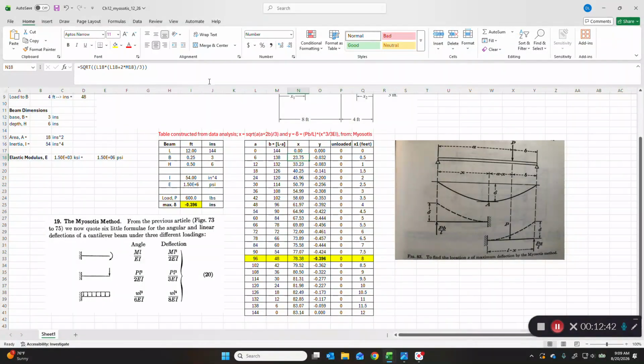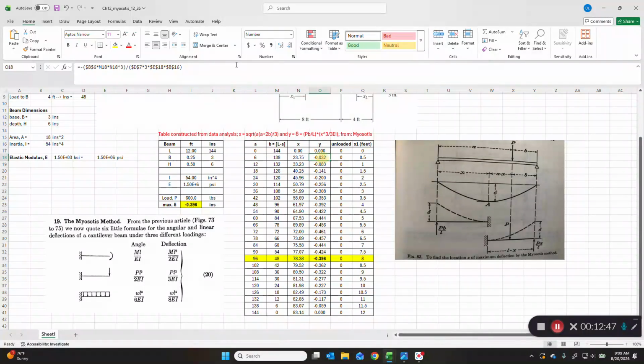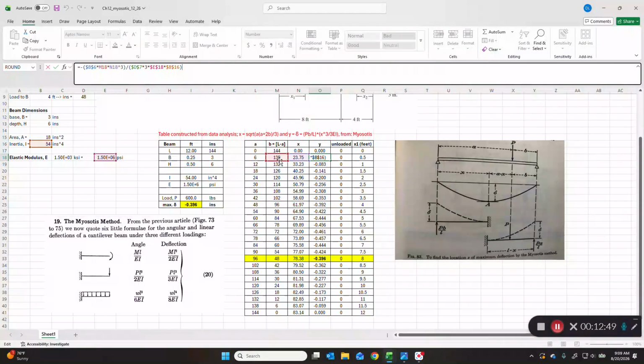It's minus P times, in this case, the lowercase b, divided by the length, right? The length as a constant. Is that right? Let's check that. Yes, times x, this value x, whatever we calculated, cubed, divided by 3EI.